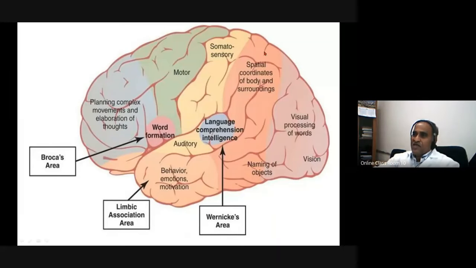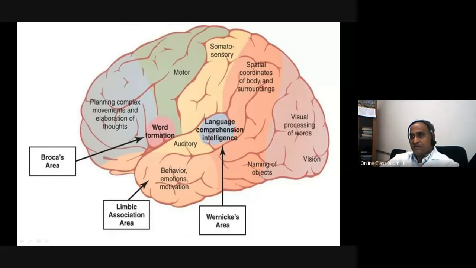Now here is the somatosensory association area. It will give all the attributes about the sensory components, the spatial coordinates of the body and its surroundings, including the visual and auditory inputs.